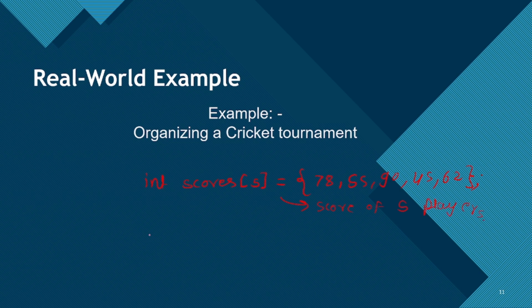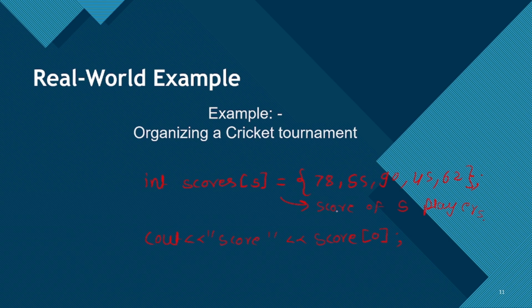And then we have to print this, so we write cout score, and then we write score of first player, that is score, and we write 0. This is the index that is accessing the first player's score. So this simple approach lets you efficiently store and retrieve data for all players.